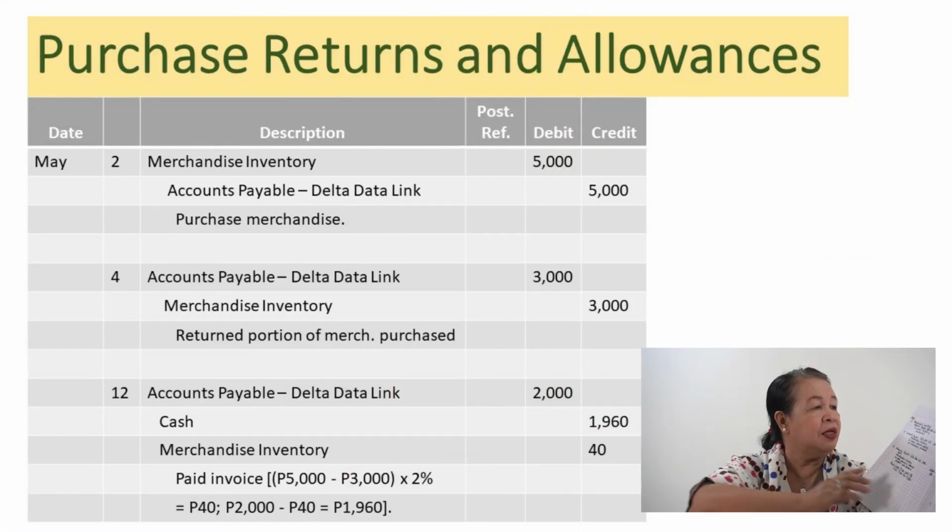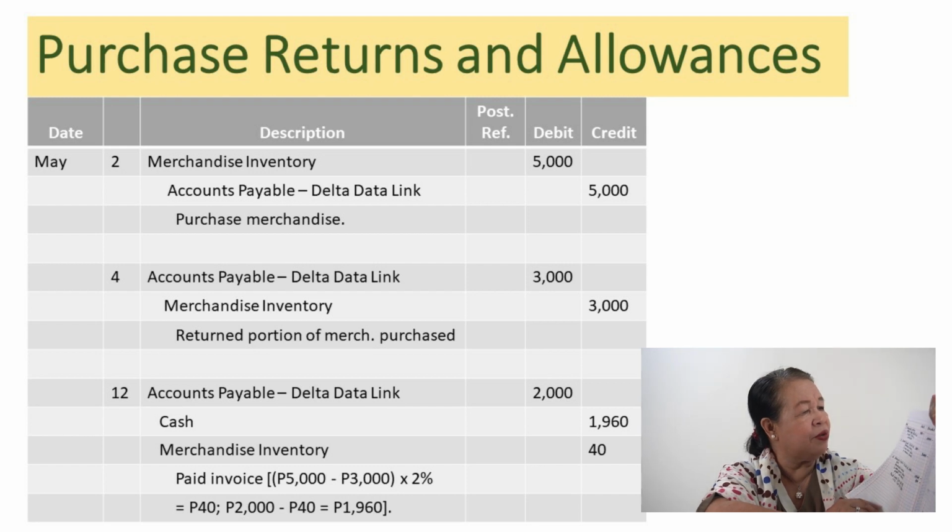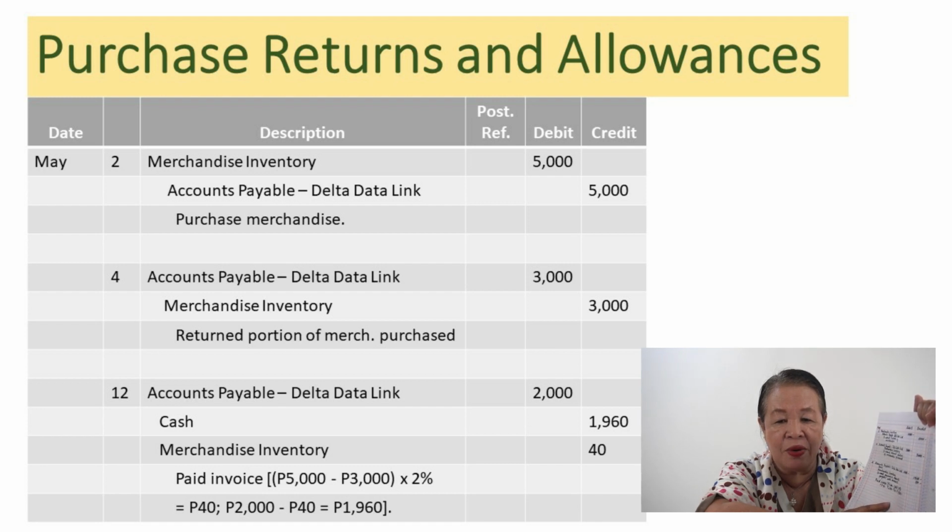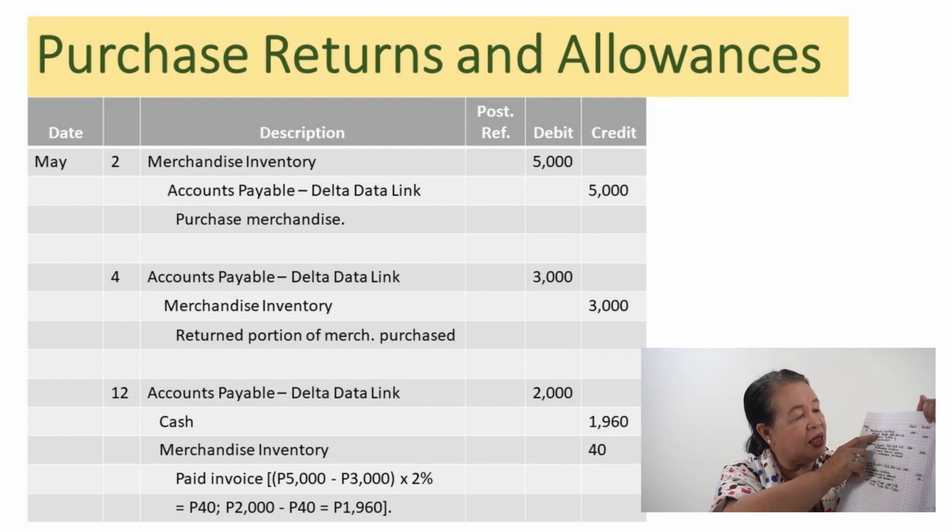And then, nung May po, meron tayong merchandise inventory na 5,000 and then accounts payable na 5,000. So, nangutang po tayo ulit ng merchandise inventory. So, anong ginawa natin? Debit merchandise inventory na 5,000 and then credit accounts payable na 5,000 to record the purchase of merchandise.